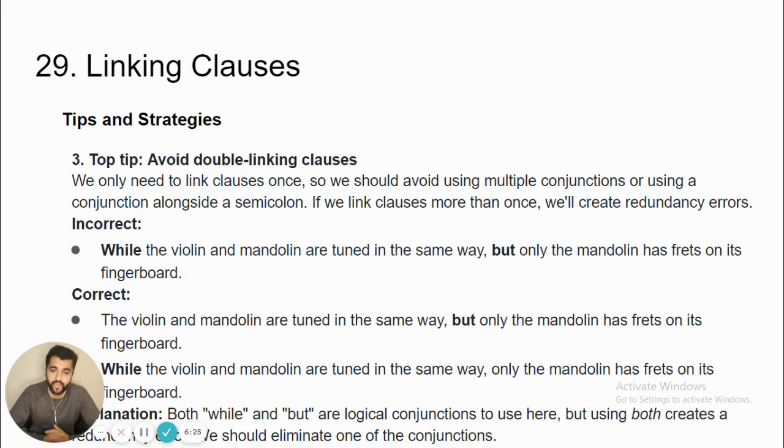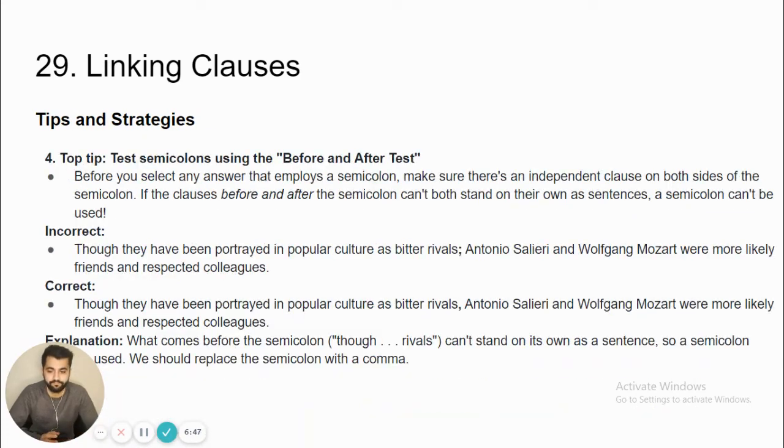In this case, we've taken out the "while." Or we can say, while the violin and mandolin are tuned in the same way, only the mandolin has frets on its fingerboard. Here, we have turned the first clause into a dependent clause by adding a conjunction in the beginning. So we can join the dependent and independent clause by just a comma.